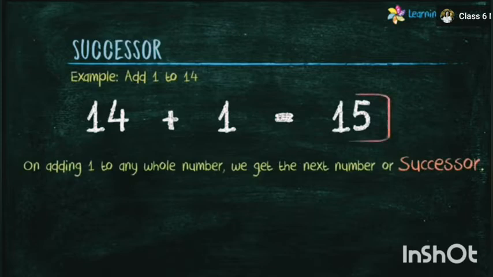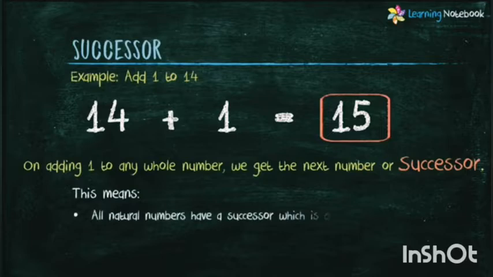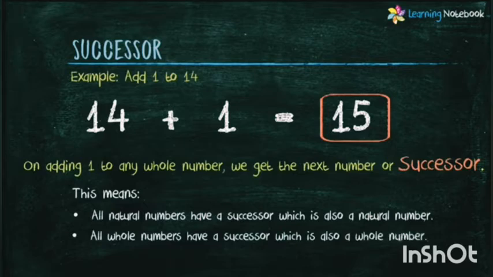So, adding 1 to any whole number, we get the next number, or successor. This means all natural numbers have a successor which is also a natural number. So all whole numbers have a successor which is also a whole number.